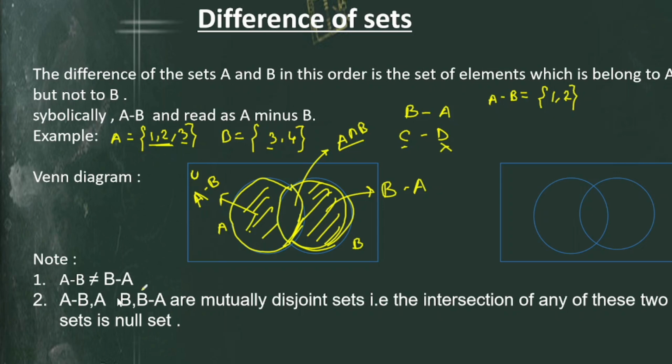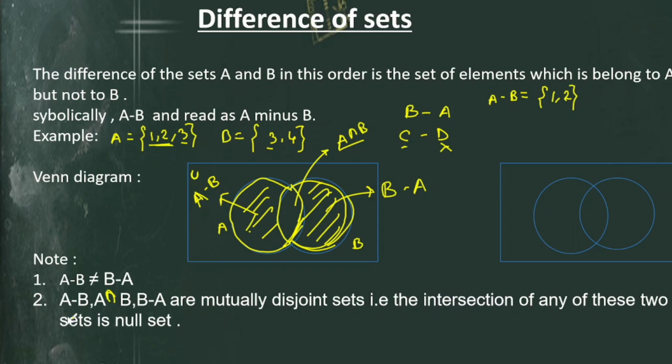Now, the second note is that A minus B, A intersection B, and B minus A are mutually disjoint sets. What is a mutually disjoint set? Disjoint sets you already know. When you perform intersection between two sets, the answer is phi, the null set.